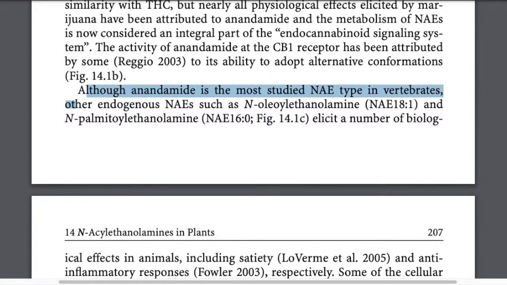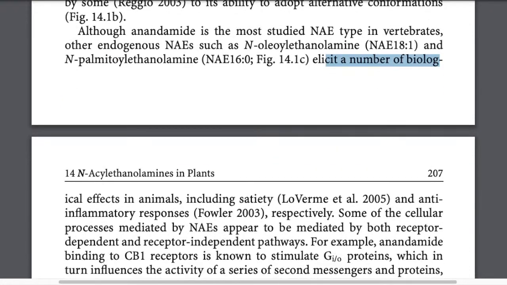Although anandamide is the most studied NAE type in vertebrates, other endogenous NAEs, such as this one and that one, elicit a number of biological effects in animals, including satiety. Satiety. So they're satisfied, and anti-inflammatory responses. So it's making you feel good, and inflammation goes away, respectively.